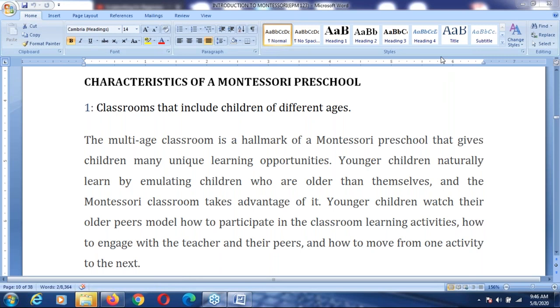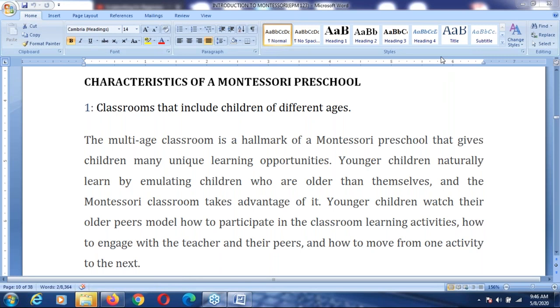Two, an environment that emphasizes responsibility and self-discipline. The environment of Montessori emphasizes child-centered education.